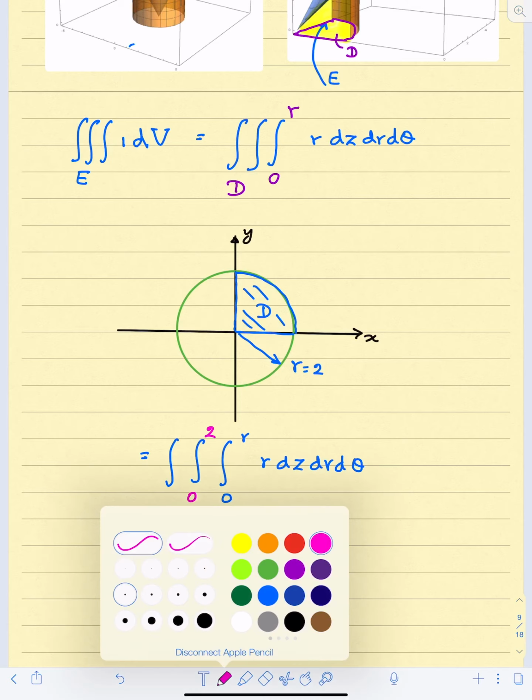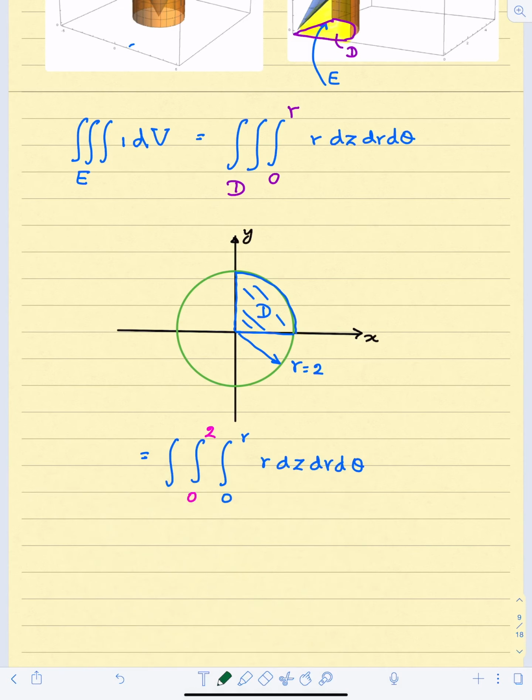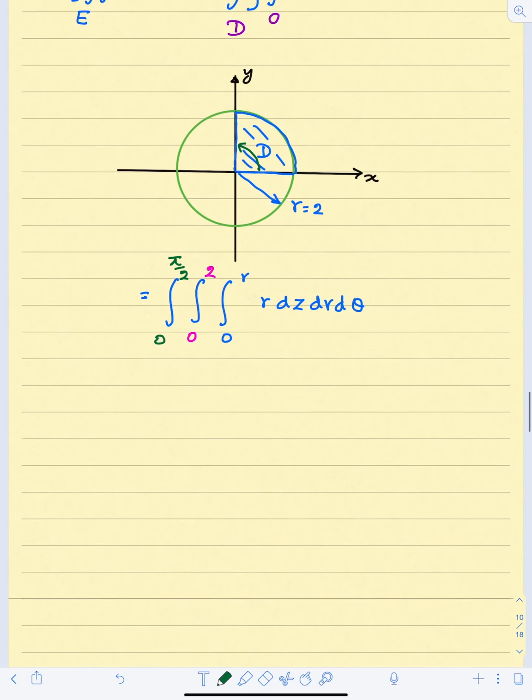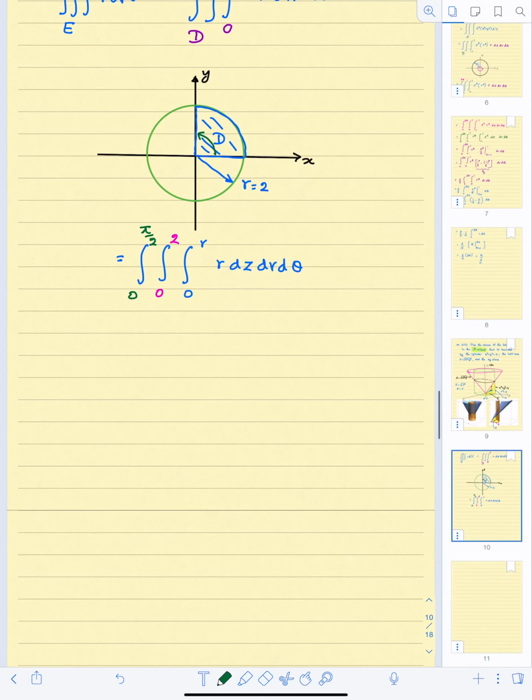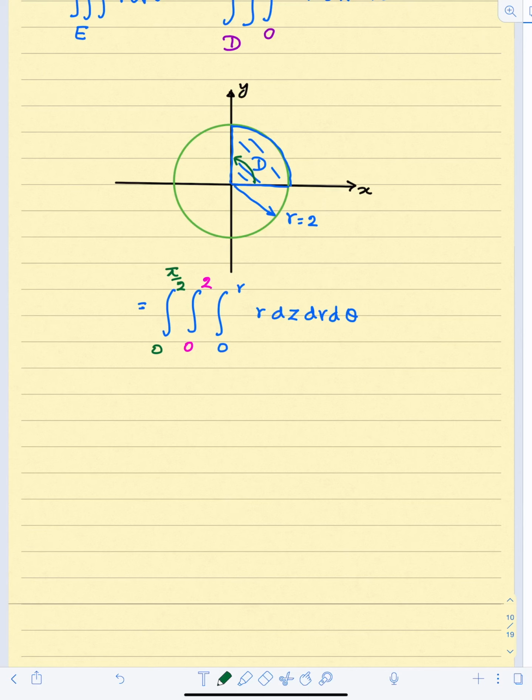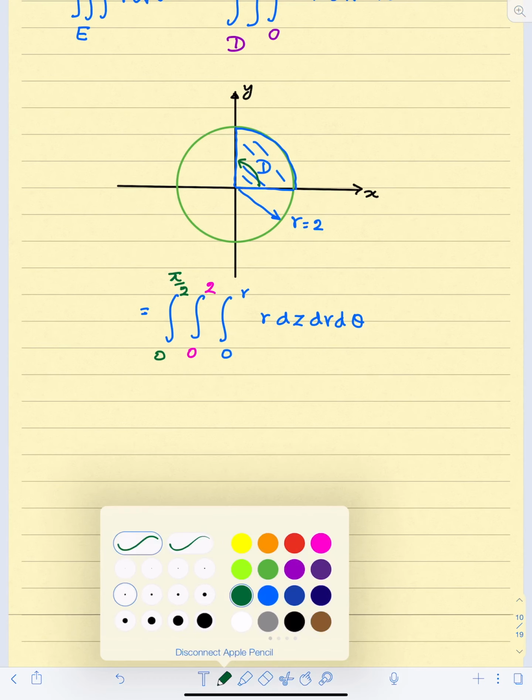Now the outer integral corresponds to the theta variable. Theta goes from 0 to pi over 2. Now let's do this integral. Let's evaluate this integral.